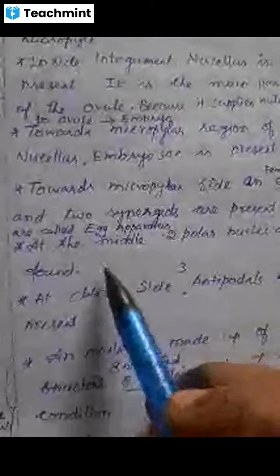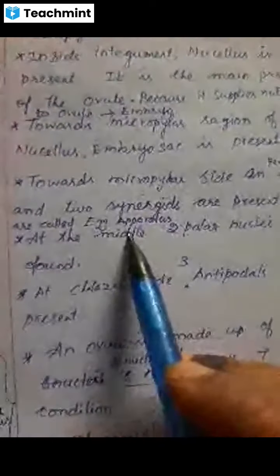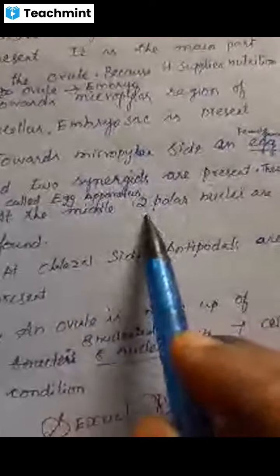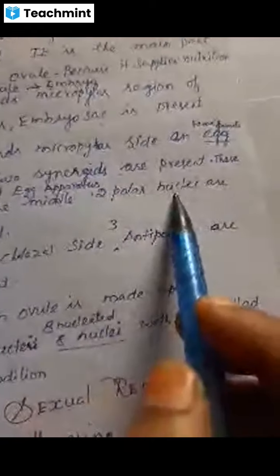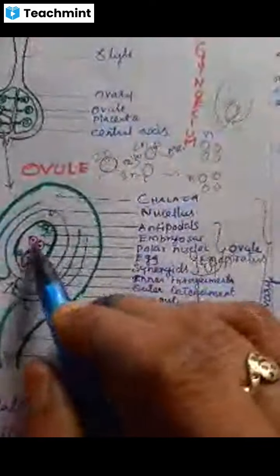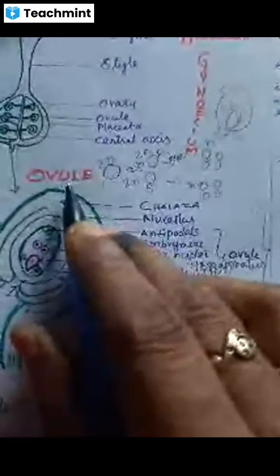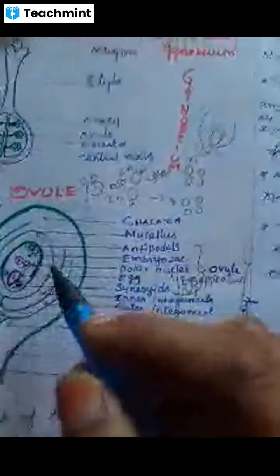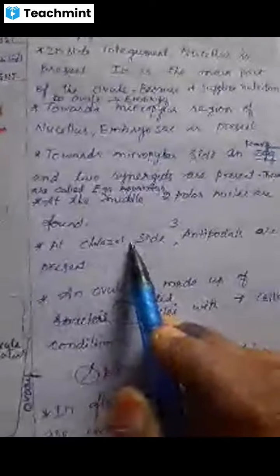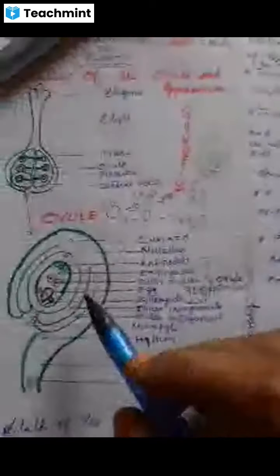At the middle of the embryo sac, two polar nuclei are present when it is in the ovule. At the chalazal side, three antipodals are there.